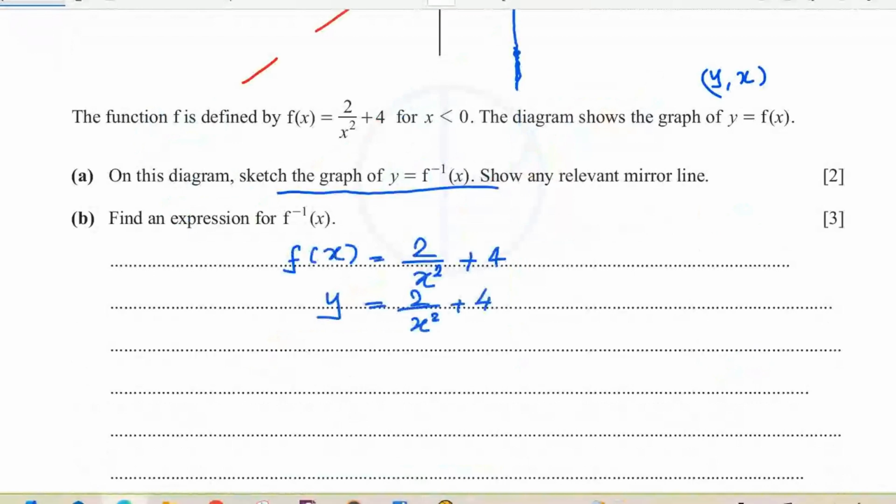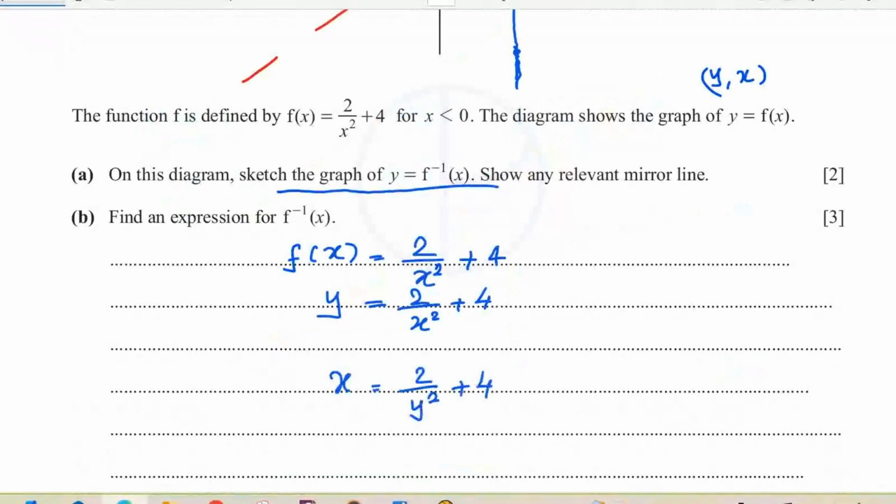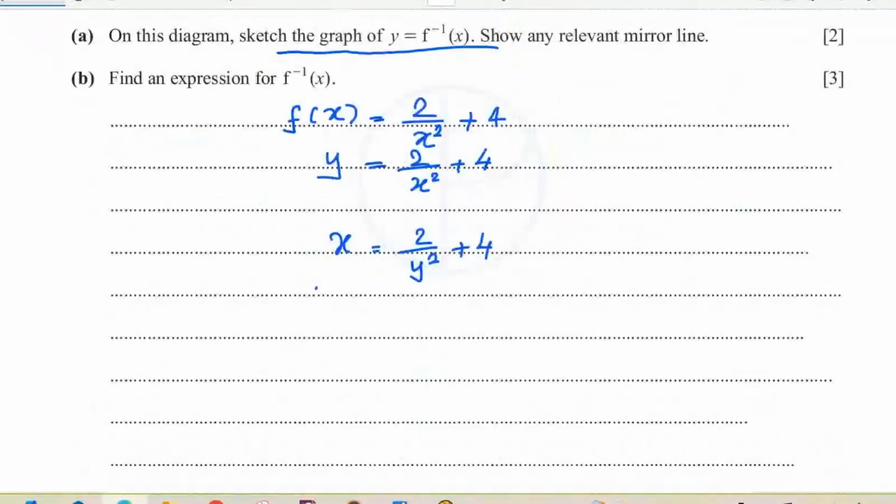Now exchange the variables, so you get x equal to 2 over y square plus 4. Next we have to make y the subject, so x minus 4 equal to 2 divided by y square, or we can write y square equal to 2 divided by x minus 4. So y is equal to plus or minus square root of 2 over x minus 4.